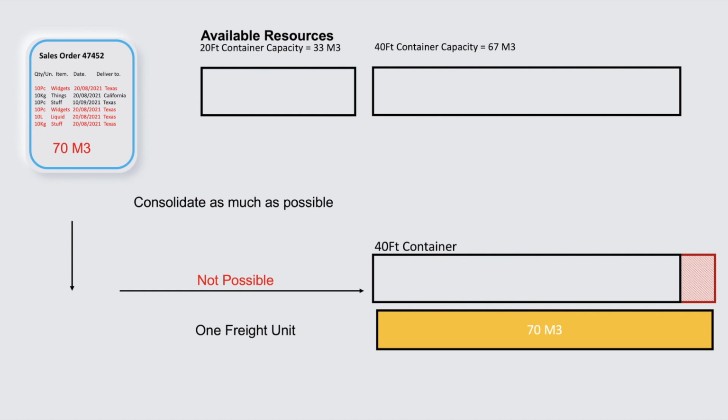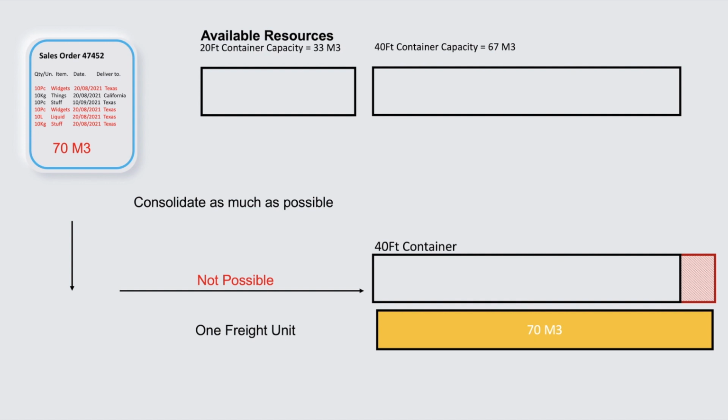On the right, we have the available resources, which are the transportation resources that my carriers provide us at our disposal. And they provide us either 20-foot containers or 40-foot containers. The 20-foot container has a capacity of 33 cubic meters, and the 40-foot container has a capacity of 67 cubic meters.